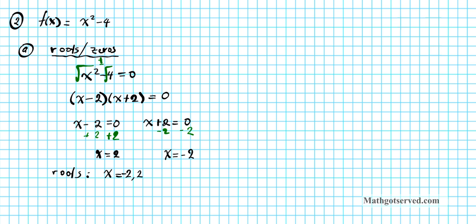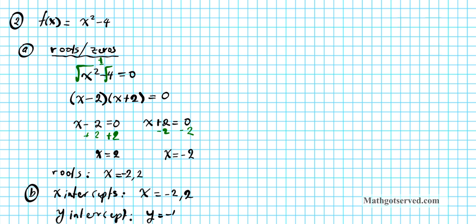Okay, all right, let's find the intercepts. So the b part, intercepts. The x-intercepts are basically your roots. So you already know what they are. Your x-intercepts are -2 and 2. Your y-intercept is the value of c, and as we can see here, c is -4.